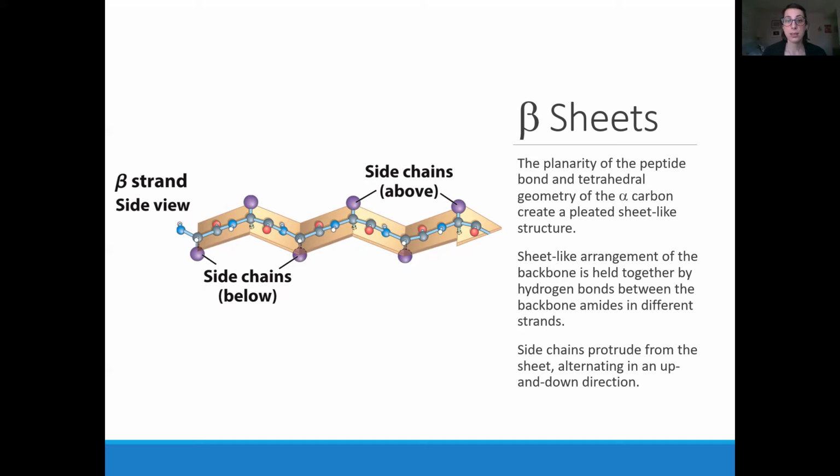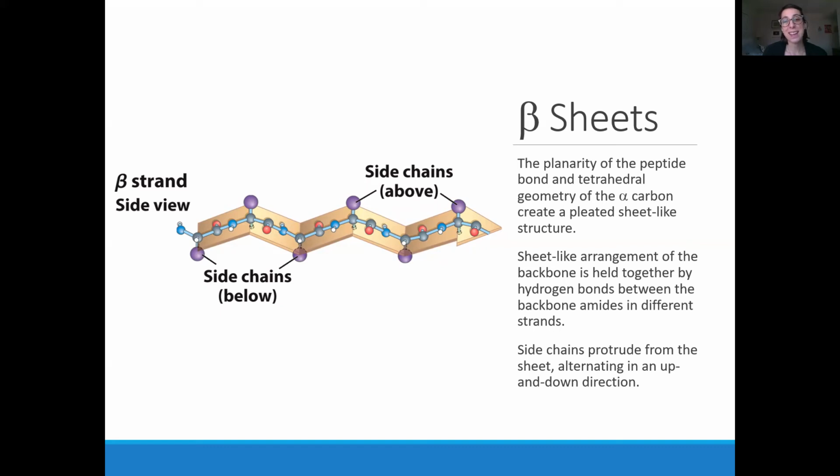Here, a beta sheet is shown where the peptide bond itself is in these flat sheet-like structures, again with the side chains sticking out perpendicular to the main chain. To have a beta sheet occur, this backbone of the beta sheet is then interacting with another chain, which I will show.